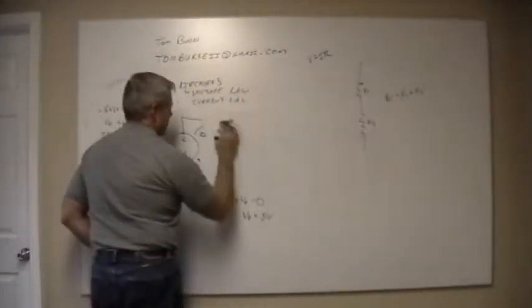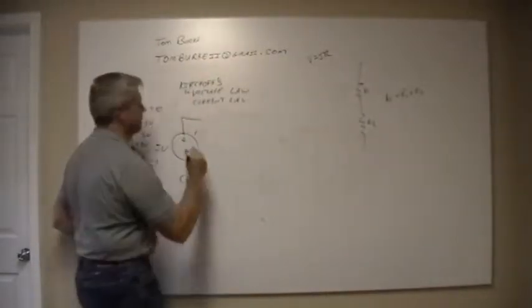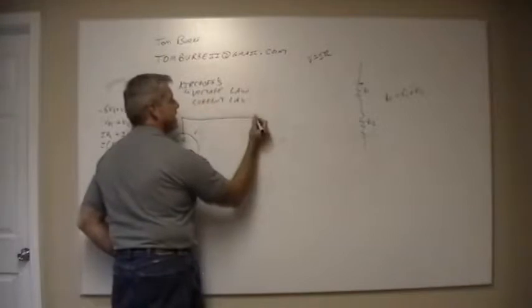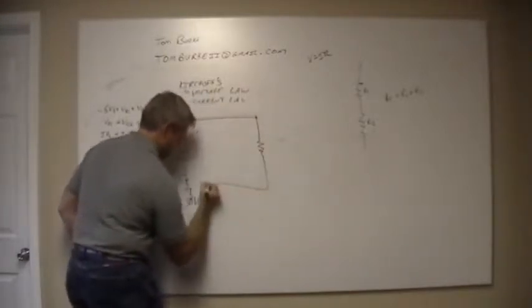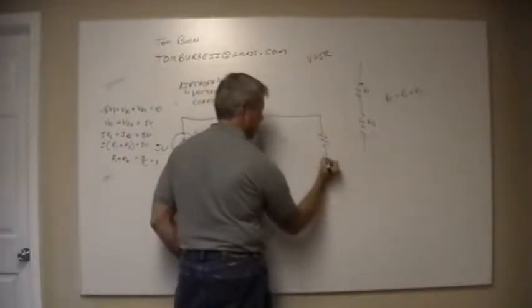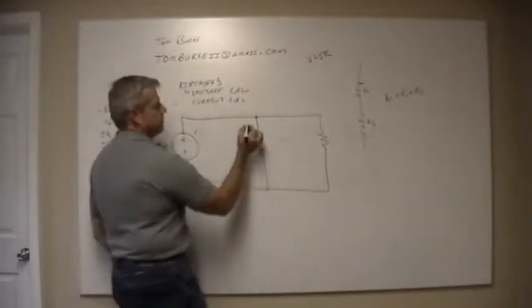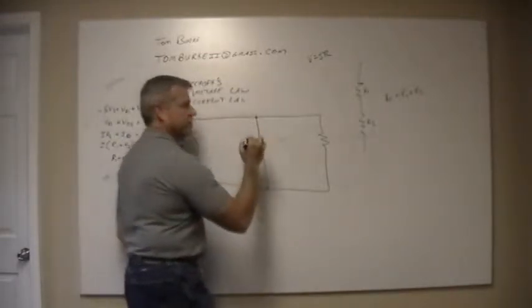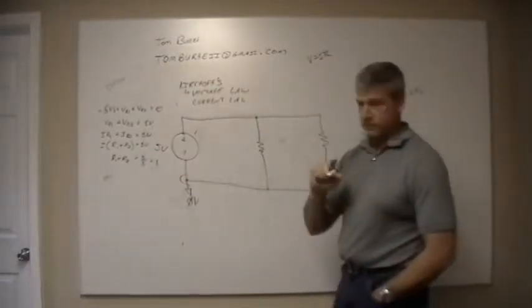Kirchhoff's current law says that all of the currents entering and leaving a node must equal 0.